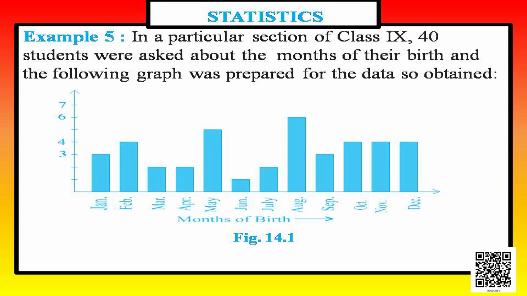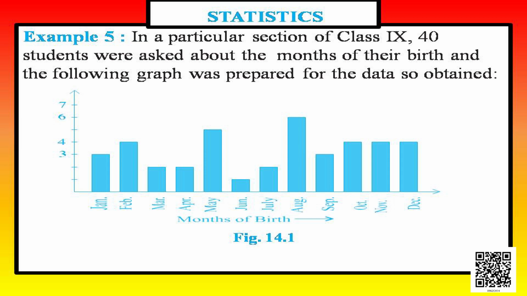Along the horizontal line we have written months of birth, and along the vertical line we have written number of students. Check, in the month of January we have 3 students. So, it is marked along the line 3, and in the month February we have 4 students. So, we have made the bar up to the line 4.